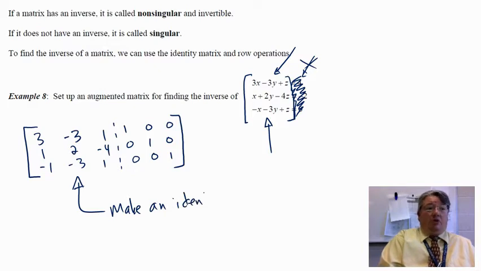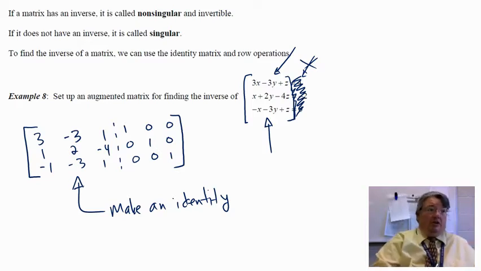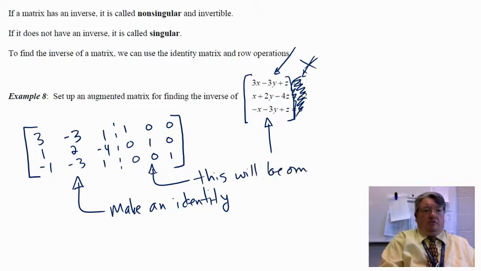I can add rows, subtract rows, multiply rows by a number, and switch rows around. I use those operations to make an identity matrix right over there, and whatever happens on this right side will become the inverse.